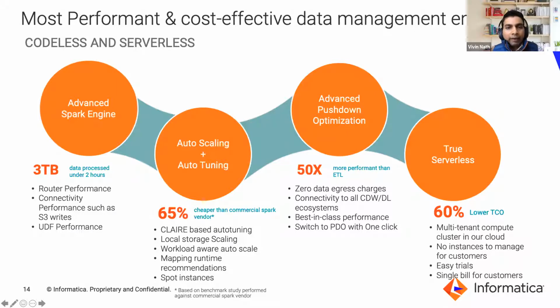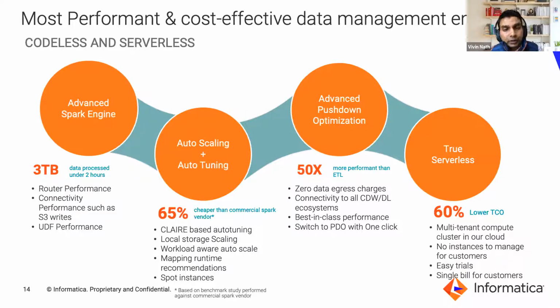We also have advanced pushdown that I talked about, which intelligently pushes down the execution to the ecosystem by converting the mapping to native ecosystem commands and SQL, giving you 50x performance over an ETL engine.